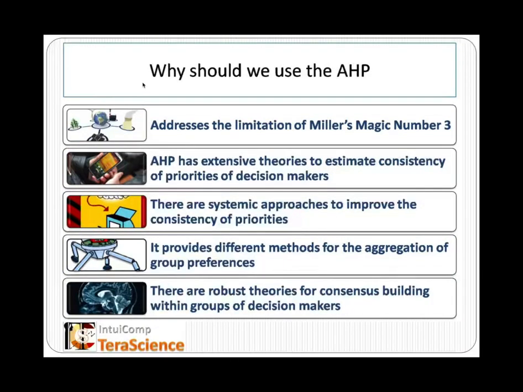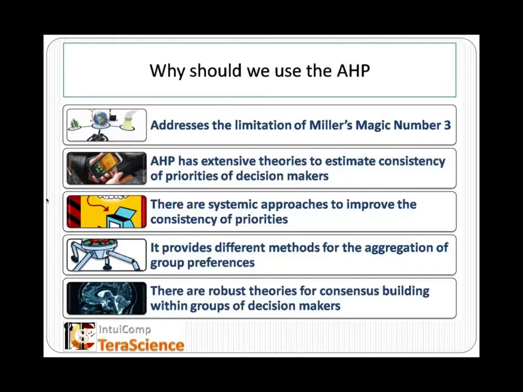Okay, so now let's discuss why should we use AHP. There are many reasons why a person should use AHP to solve a particular decision making problem. One of the most important reasons is that it provides a systematic approach to improve the consistency of all of the priorities of the features. So you have a lot of features and you assign them different priorities. The main question is that you do not know initially what priorities to assign to each feature.